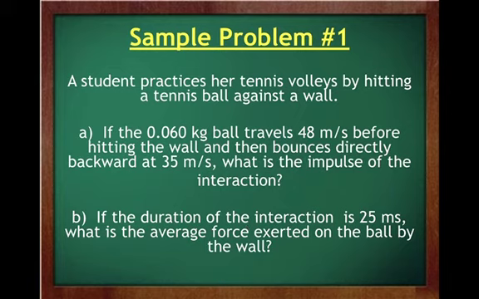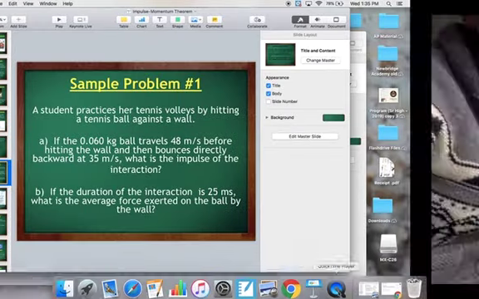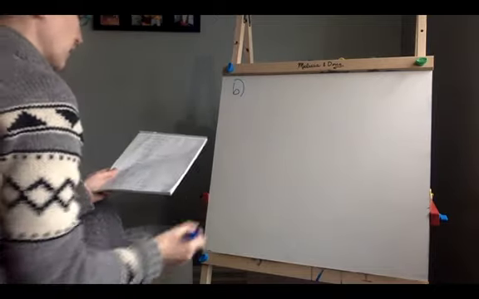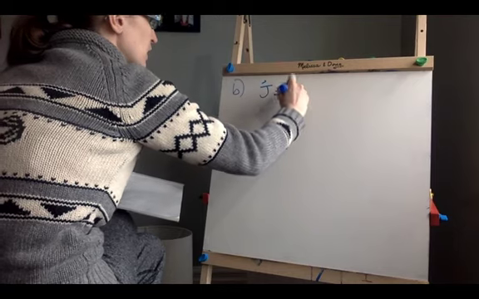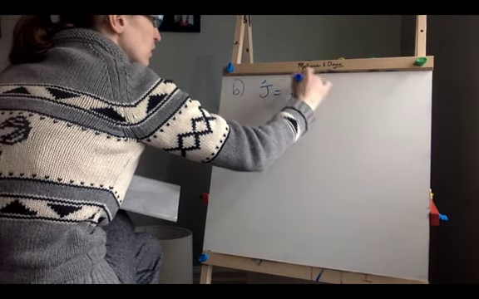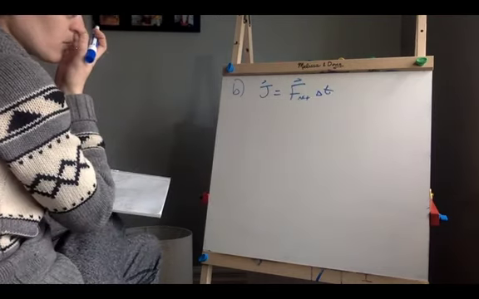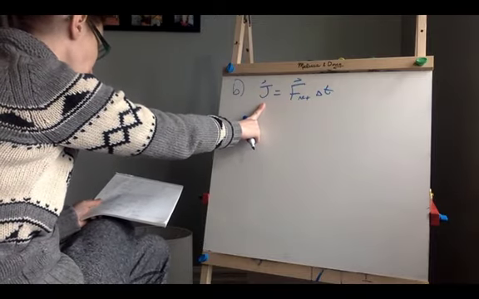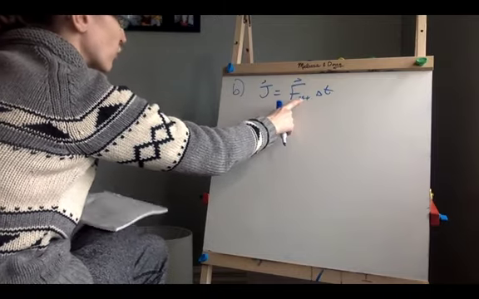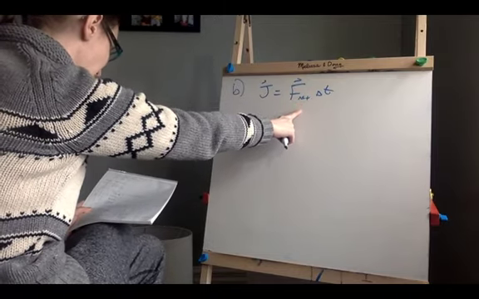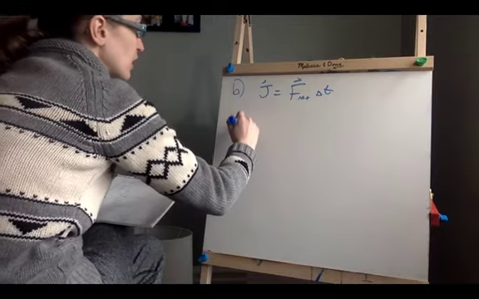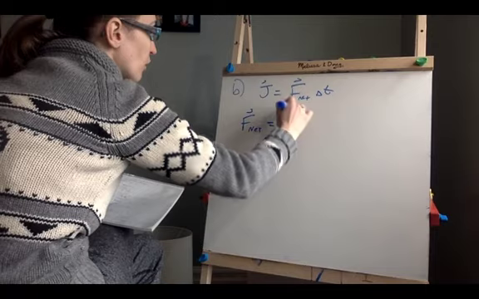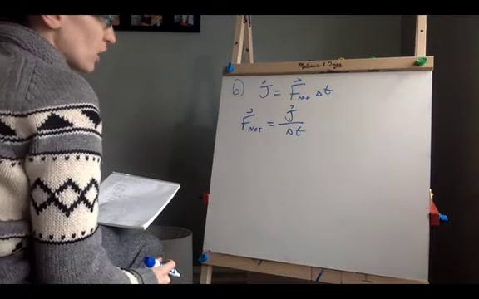So if we're solving part B of this question now, same idea, your impulse is your force times your change in time, right? Well, we just solved for our impulse in the last question. What we're being asked to find is the force. So if I want to get F net, that force by itself, I just need to divide both sides by delta t. So the force is going to equal the impulse divided by the change in time.